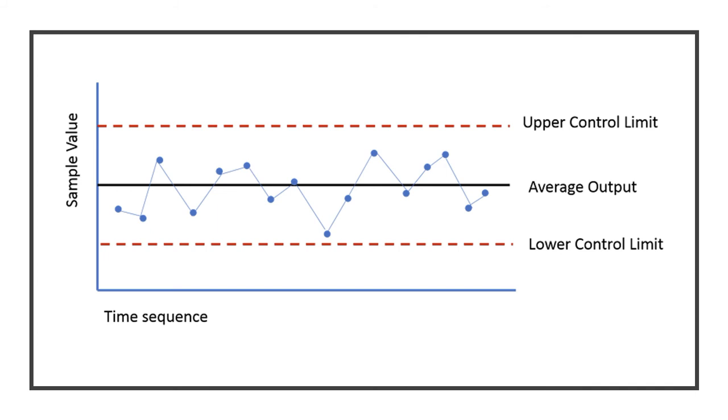So, it's a controlling phase of the management function. The actual values we get should be within the acceptable range. So we can say that what is between the upper control limit and the lower control limit is the acceptable range.